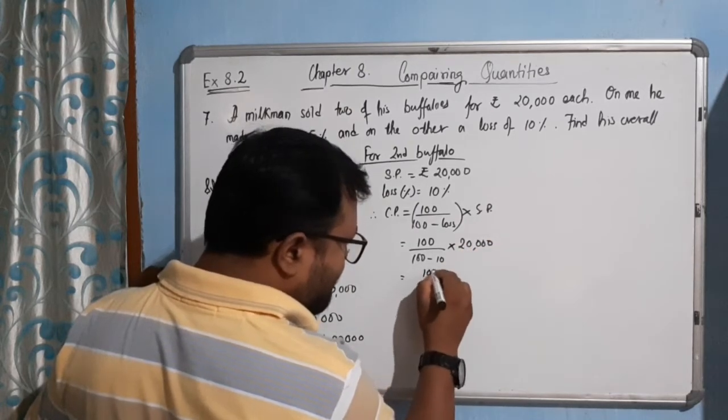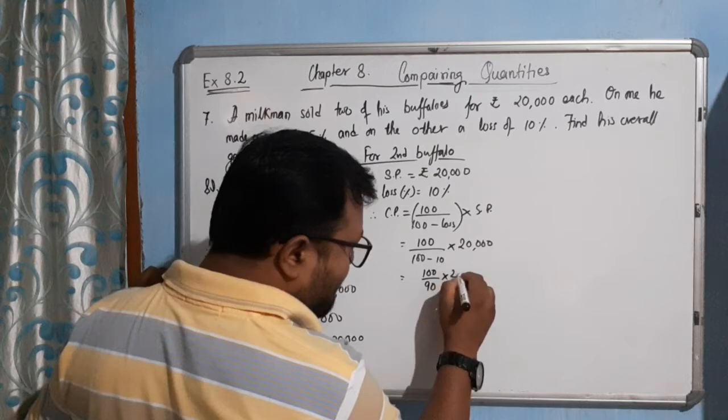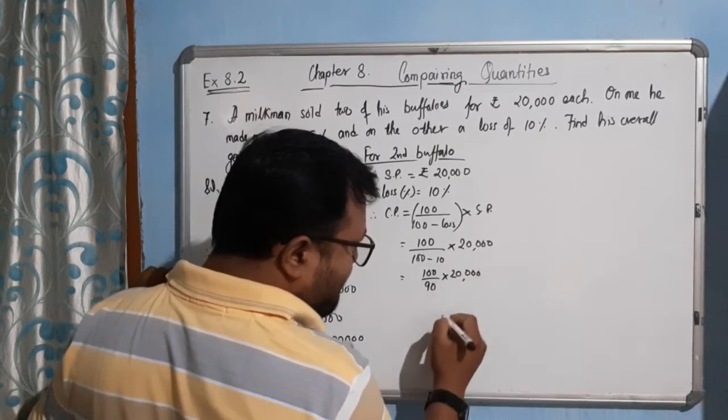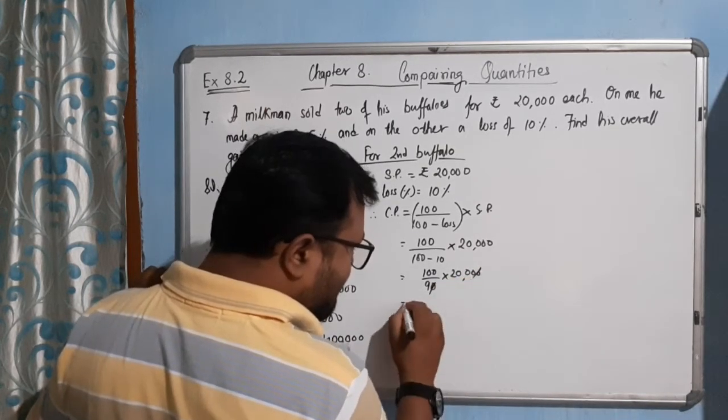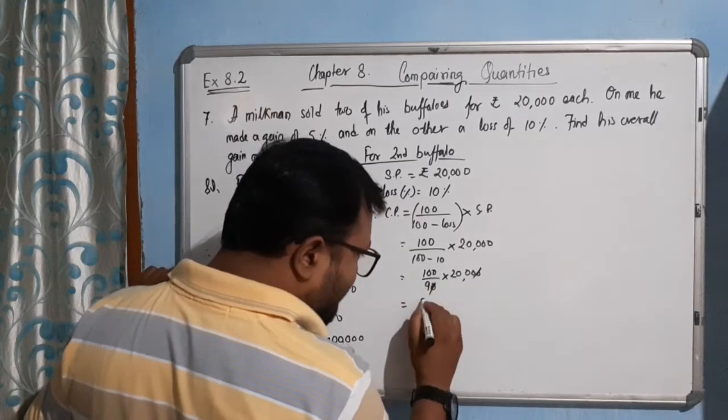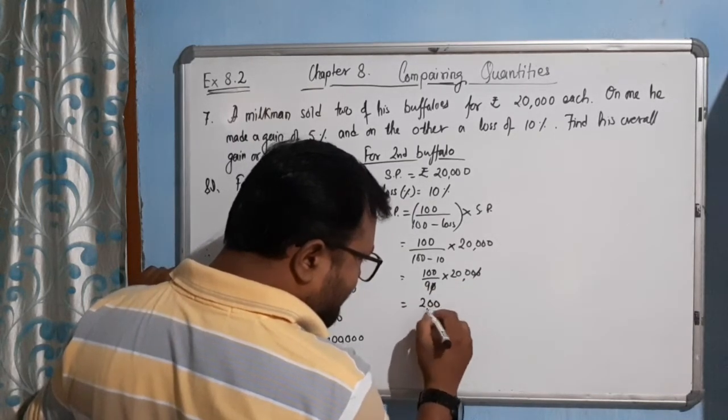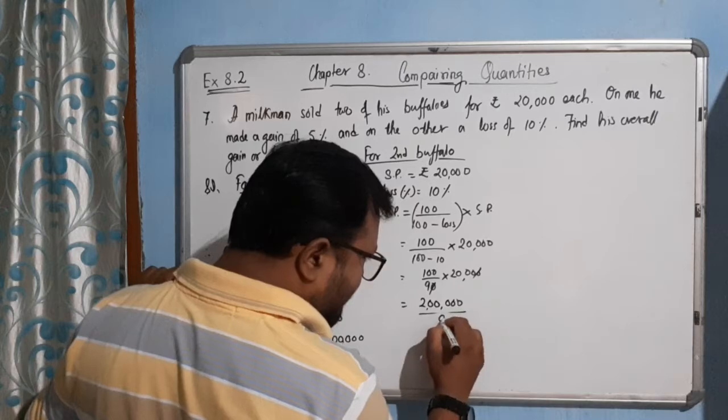So it is 100 by 90 into 20,000. Cancel the zeros. So we get 2 lakh by 9.